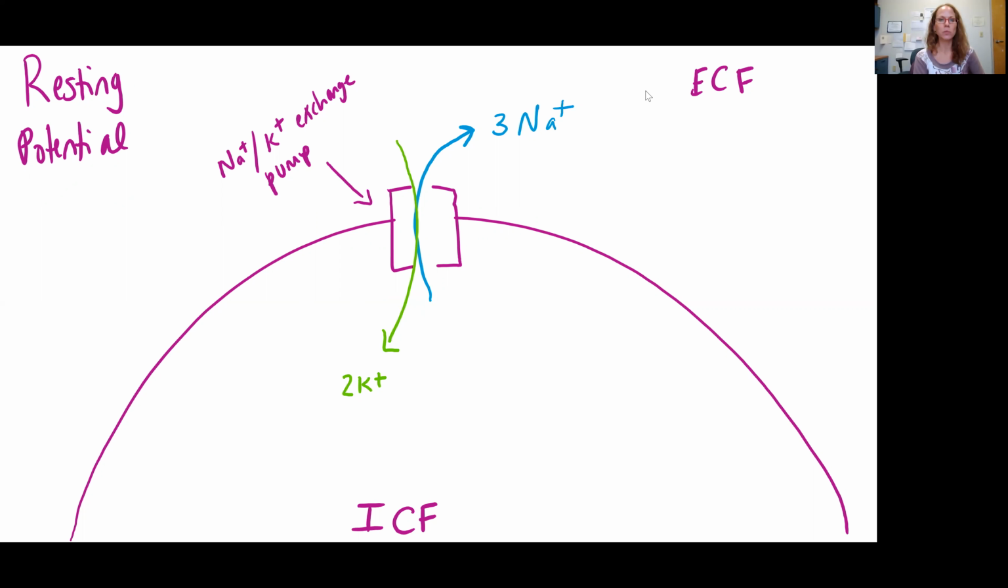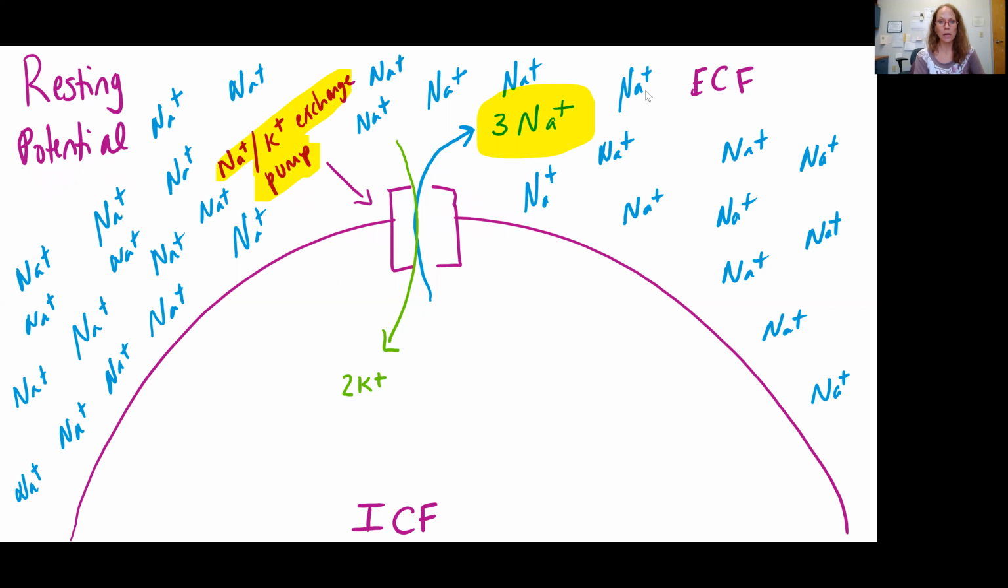We know that this is part of the homeostatic mechanism maintaining the normal balance in the body. The cells are pumping all the time, 3 sodium ions out and 2 potassium ions in. So this is setting up a huge concentration gradient where you have a ton of sodium in the ECF, and then you have potassium inside of the cell.